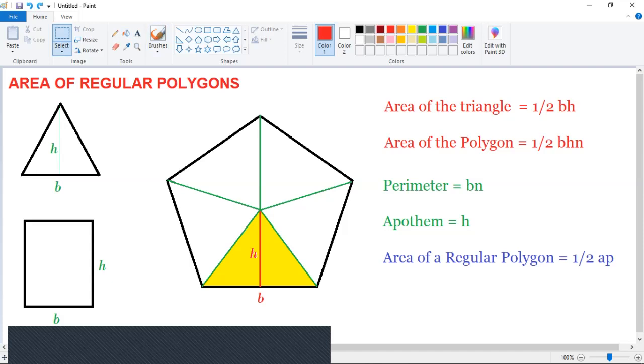The apothem is the height, which is the h here. The perimeter is the Bn, which is the base times the number of sides. And considering the half there with the half here, the formula for the area of a polygon is half AP, half apothem times the perimeter.